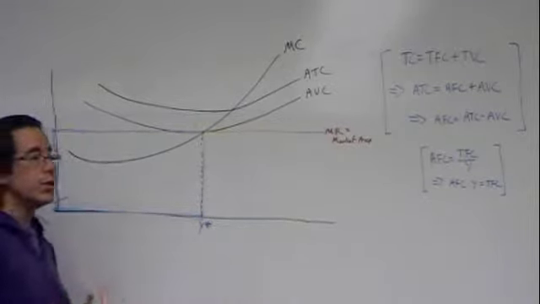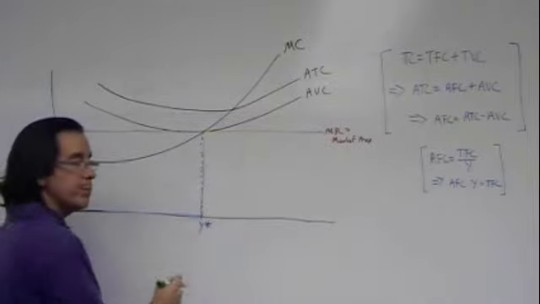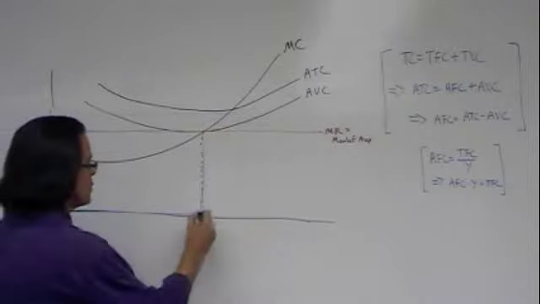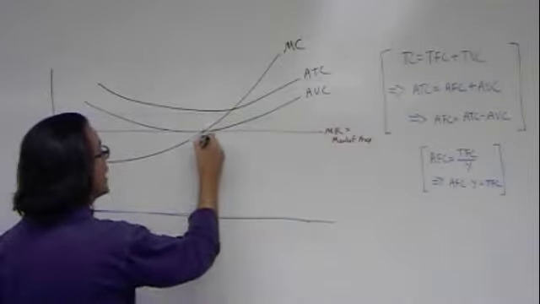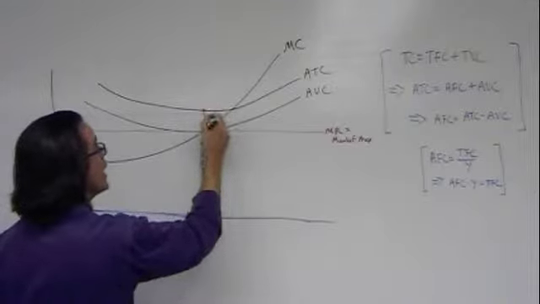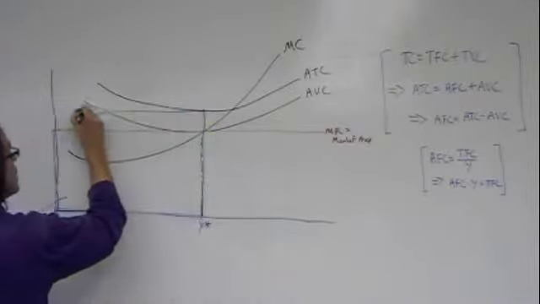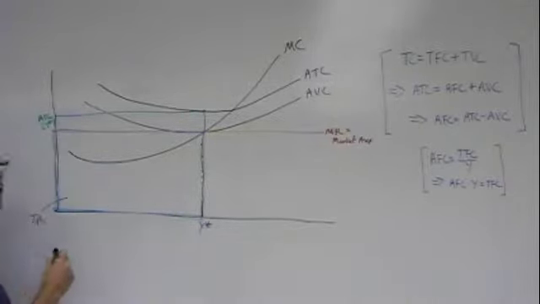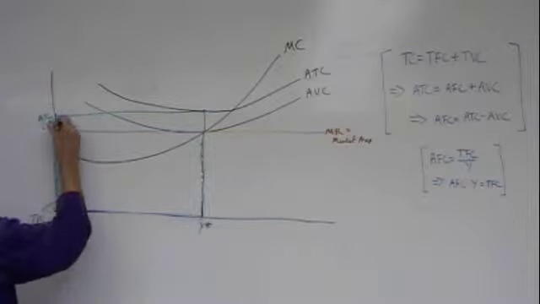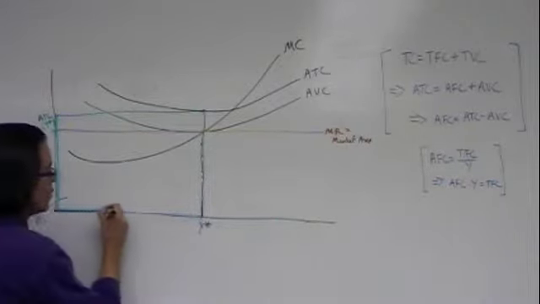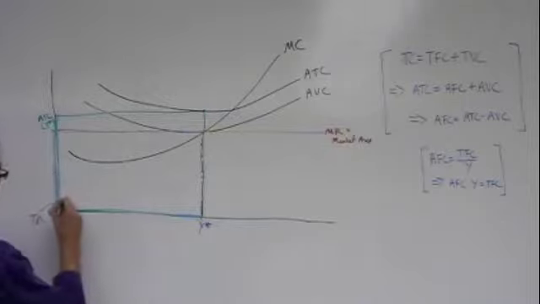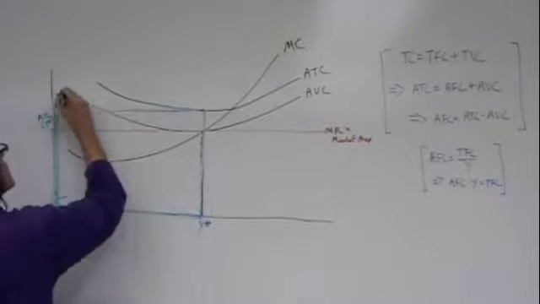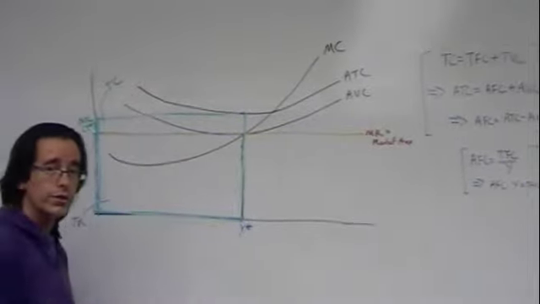So again, at this level of output, we're looking for the average total cost. We go up this line until we hit the average total cost curve, and go across. So this is our average total cost for that level of output. We have our height, average total cost, and our width, the level of output. So height times width, the area of this box, is our total cost.